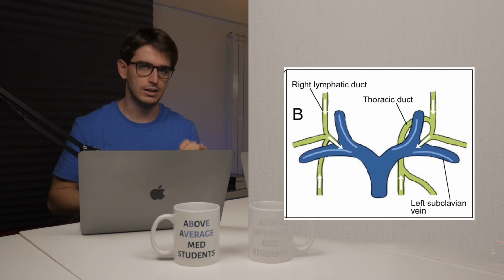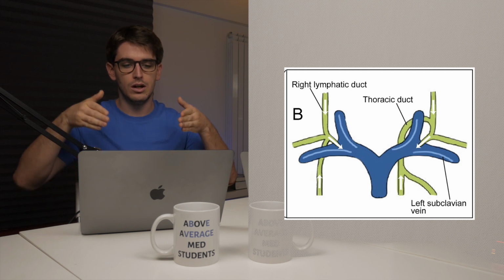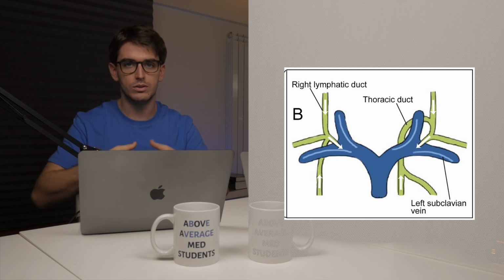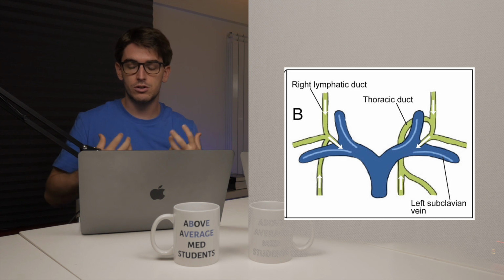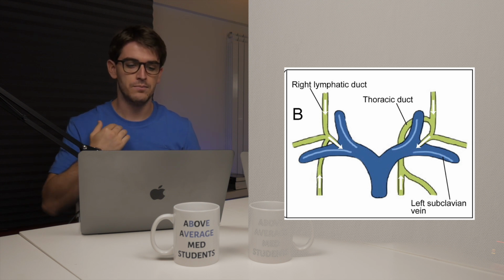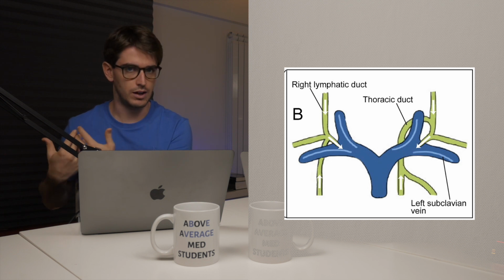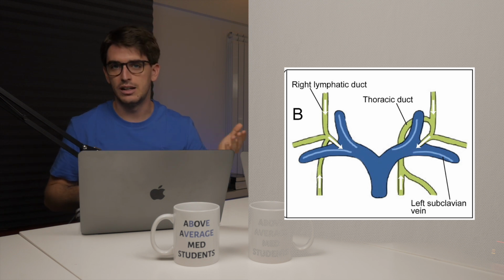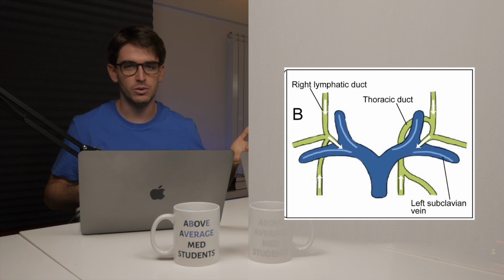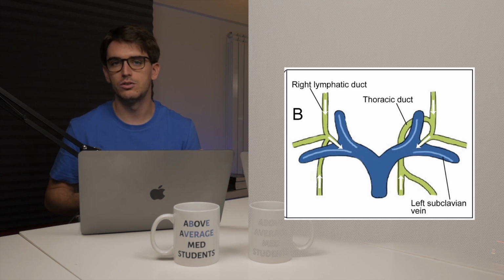The right lymphatic duct pours into the right venous angle. What is the right venous angle? It is the junction where the internal jugular vein and the subclavian vein unite to form the brachiocephalic vein. Guess where the left lymphatic vessel will pour? Into the left venous angle. So same thing, but on the left side. Just of note, the left lymphatic duct is also referred to as the thoracic duct.